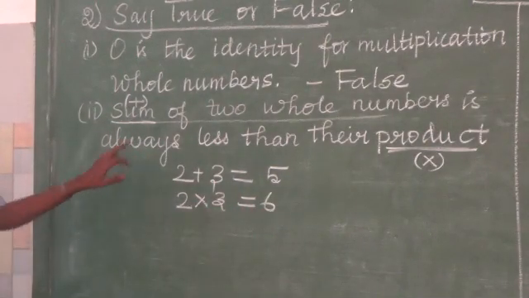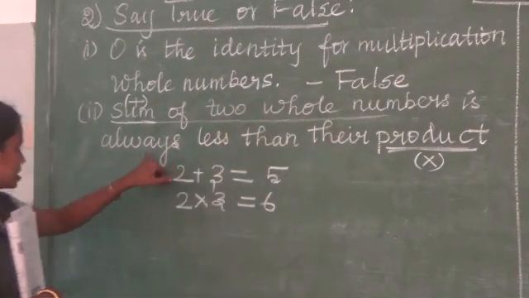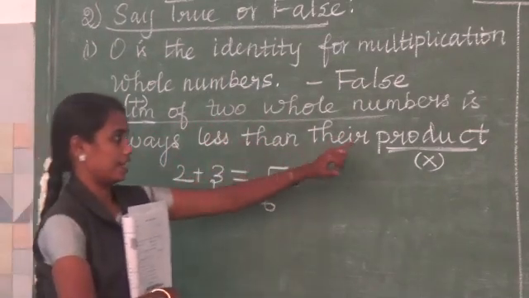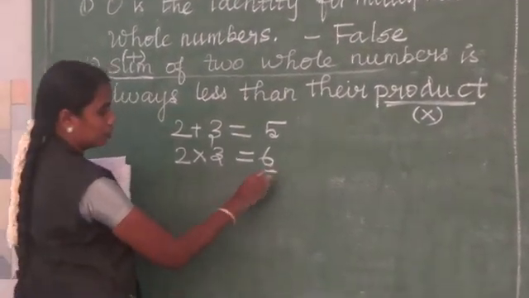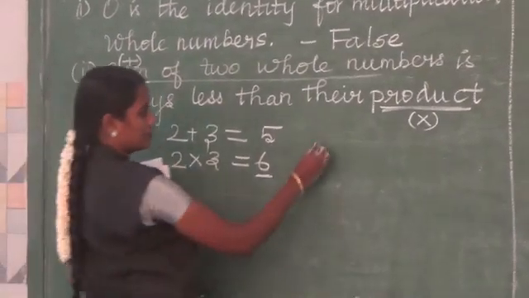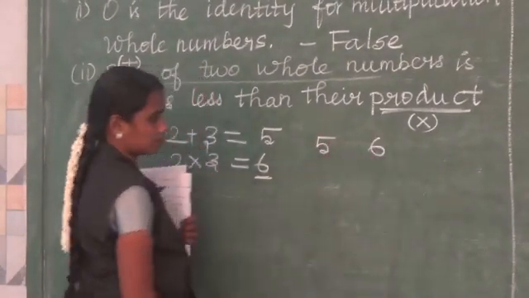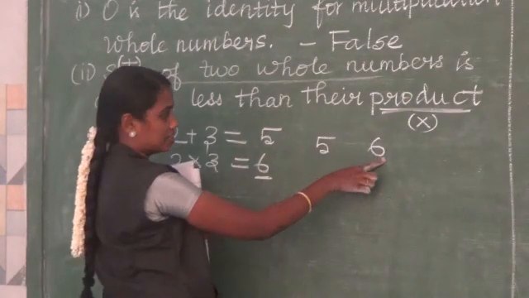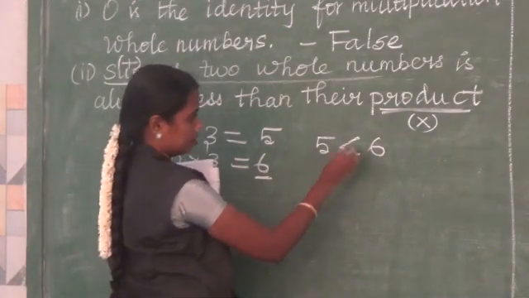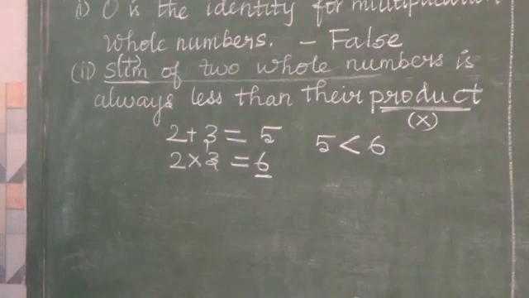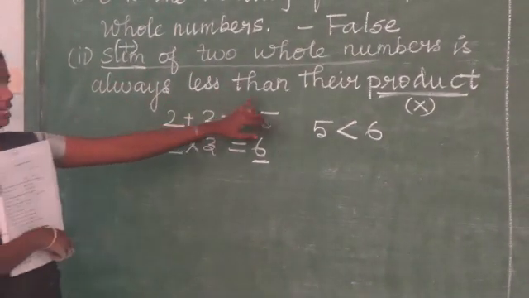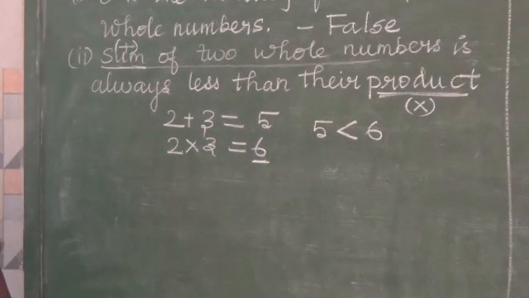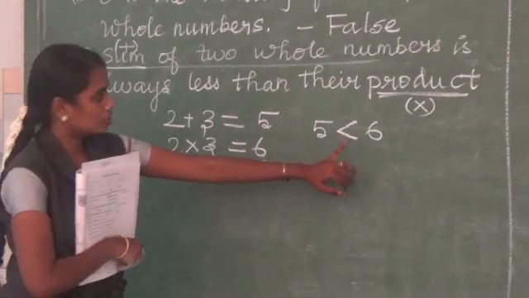It's given that the sum is always less than the product. It's a false statement because the product is more. So 5, 6, which is more? 6 is the largest one. So the statement, the sum of two whole numbers is always less than their product, the answer is true.